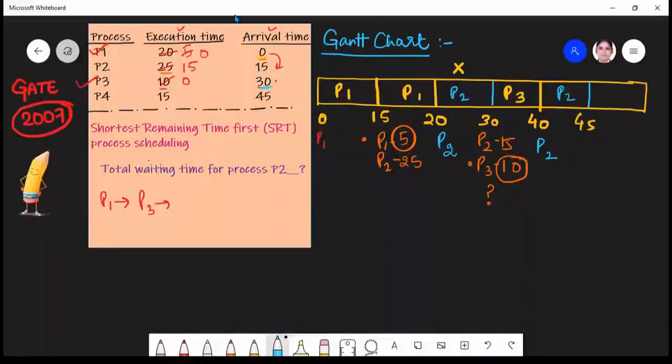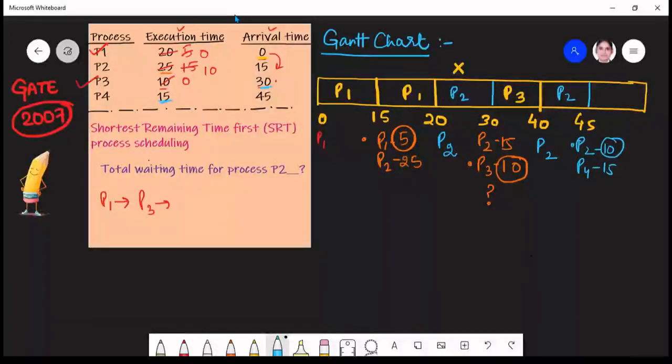Now how much time is remaining in P2? 5 has already executed, so we are left with only 10. So P2 is still there, and along with that P4 has also joined. The remaining time of P2 is 10 and P4 is 15, out of which P2 is smaller.